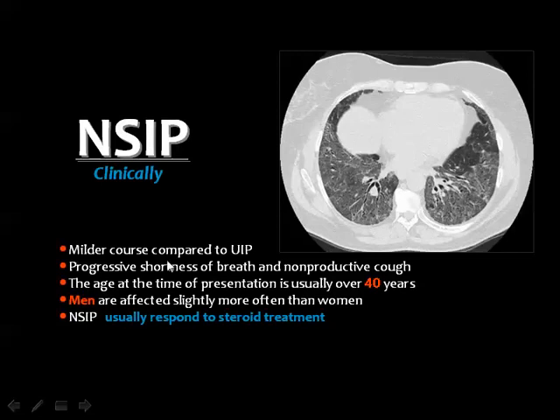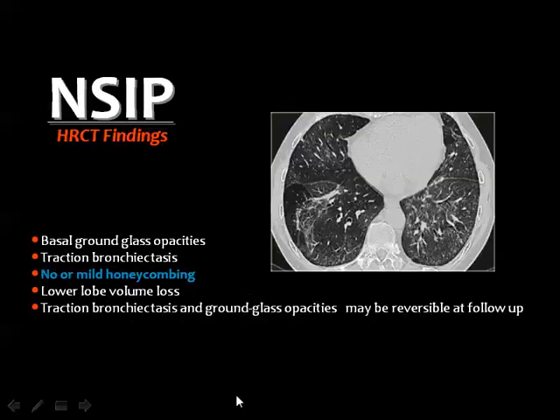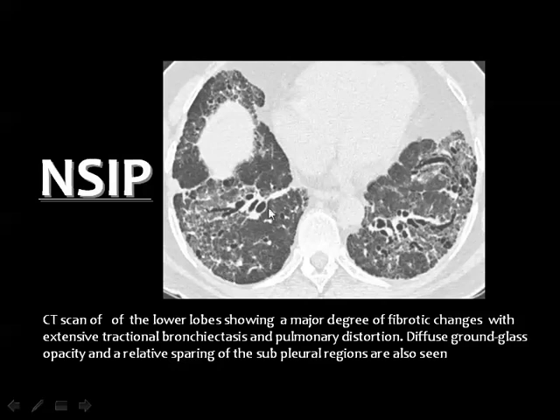This is the essential difference between non-specific interstitial pneumonia and usual interstitial pneumonia. In here, you can see traction bronchiectasis, but you cannot identify any honeycomb. It is possible to see minimal areas of honeycombing in patients with non-specific interstitial pneumonia, but honeycombing is evident in usual interstitial pneumonia. You see here multiple areas of traction bronchiectasis, minimal areas of honeycombing, and this is non-specific interstitial pneumonia.